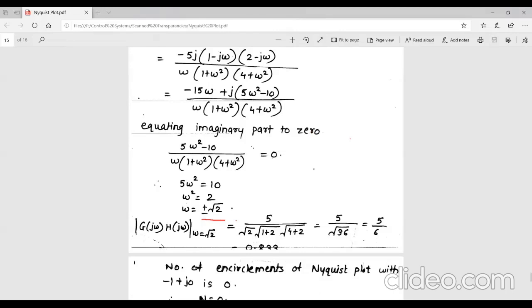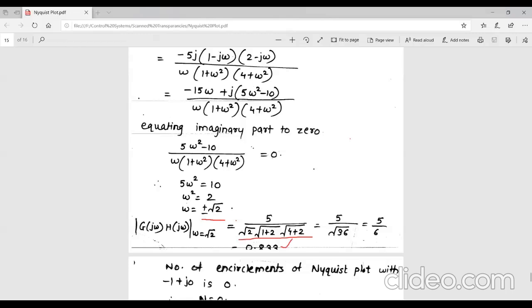Now, even if value of omega is calculated, we still do not know what is the value on the real axis. So for that, we need to substitute omega equal to under root 2 to the magnitude equation, and then we need to calculate it. As we can see on the last line on this slide, we are substituting value of omega and then we are directly calculating the value. Now that value comes out to be 0.833.